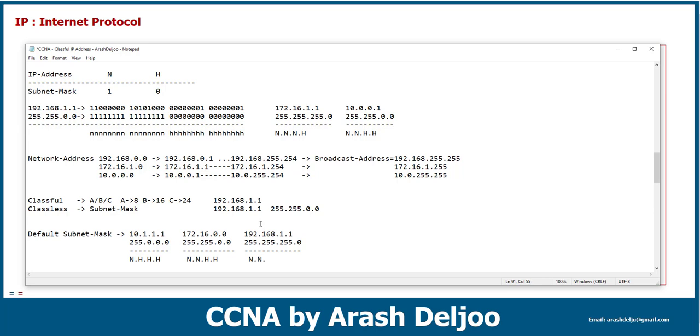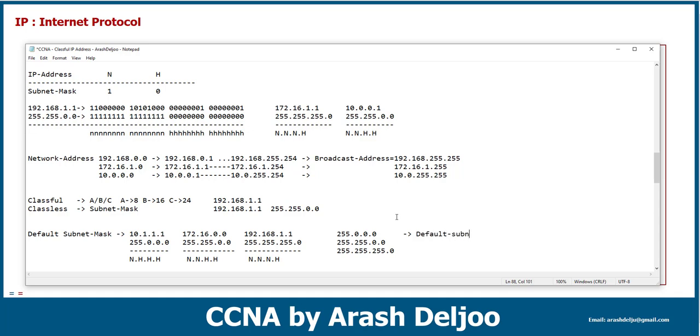The first 3 octets are network bits and the last octet is the host bits. Because of that, we call the 255.0.0.0 subnet mask and also 255.255.0.0 and also 255.255.255.0 the default subnet mask.